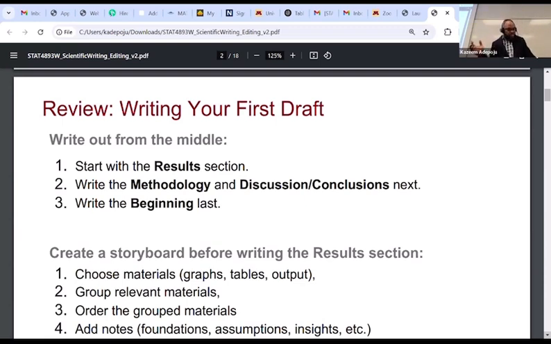The methodology section gives us the opportunity to know how the analysis was conducted. Don't forget, in the result, you've already conducted analysis to have results.